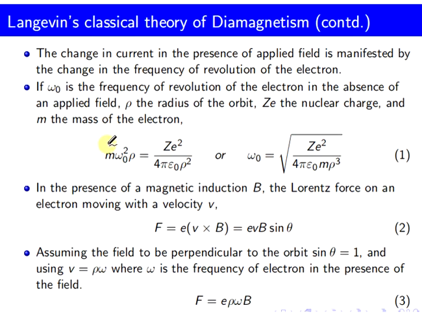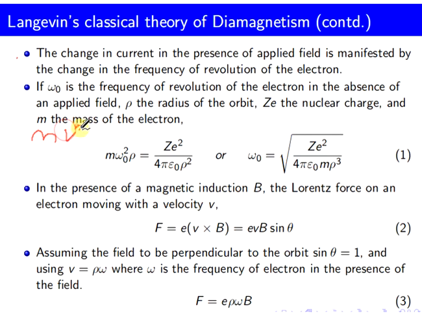The left hand side of this equation is the centripetal force, which we write as m v square divided by r, the general equation for centripetal force.